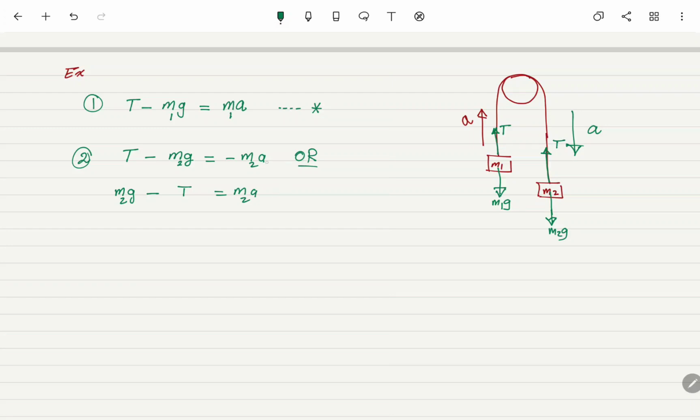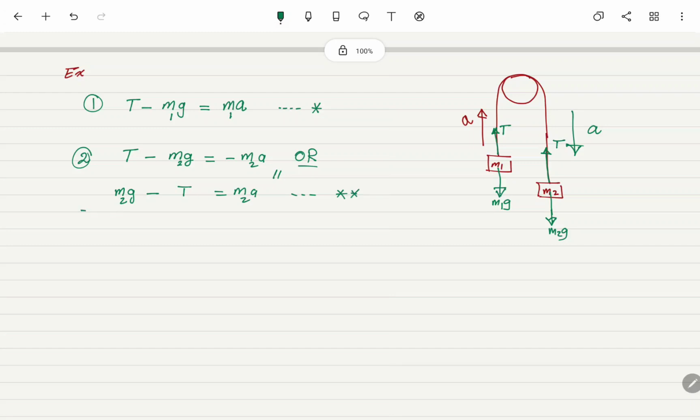This one comes from forces up positive, forces down negative, acceleration up positive, acceleration down negative. Or this one, take this trick: the force with the acceleration start with it, and that's it. And by the way, this is the same as this one. So this is equation number 2.